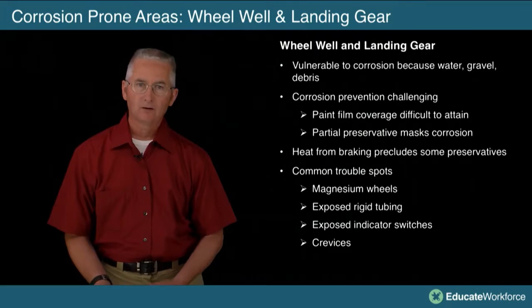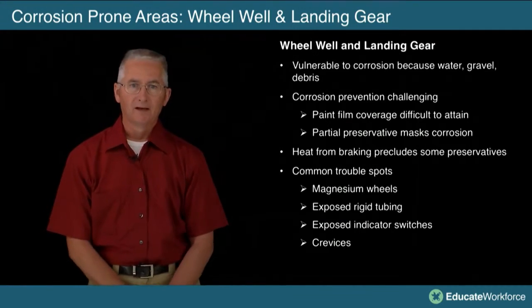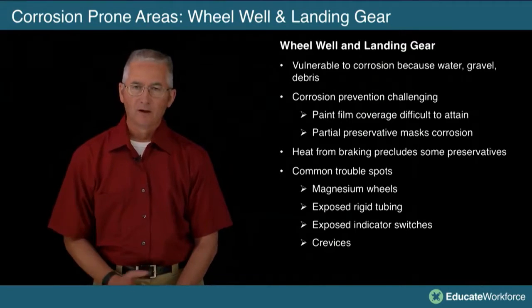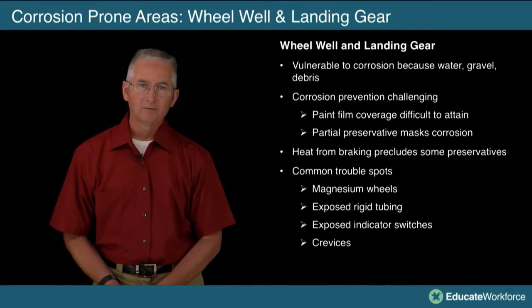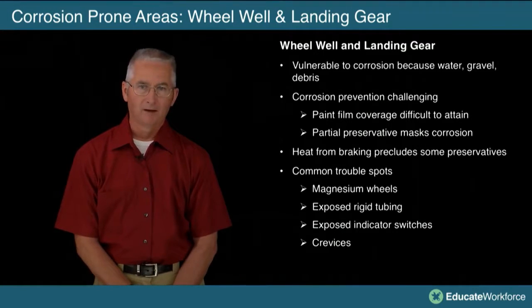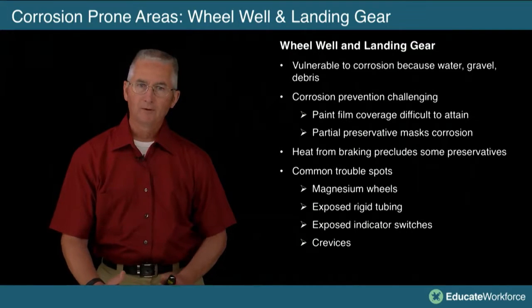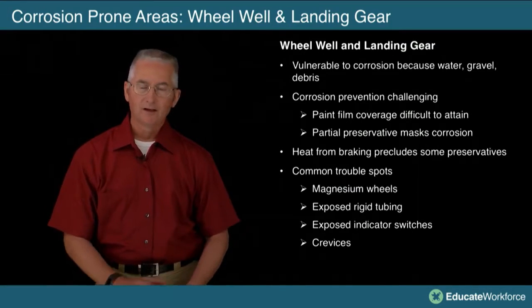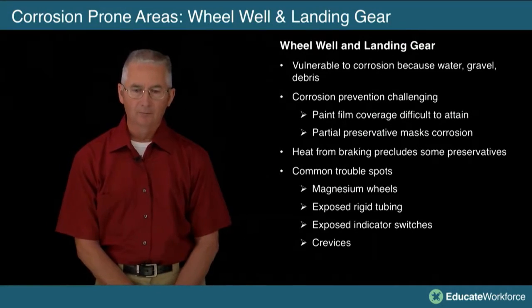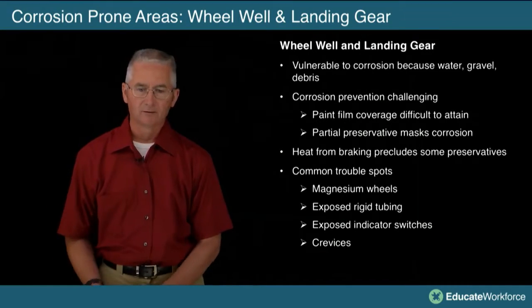And once that dirt gets wet, it holds the moisture against the aluminum. And again, that's going to cause corrosion. Add to that, you've got the heat from the brakes. Those brakes get extremely hot when it's stopping that airplane. All that kinetic energy from that airplane moving gets converted into heat energy when that airplane stops. We've probably talked about this already in some of our aviation sciences classes, right?